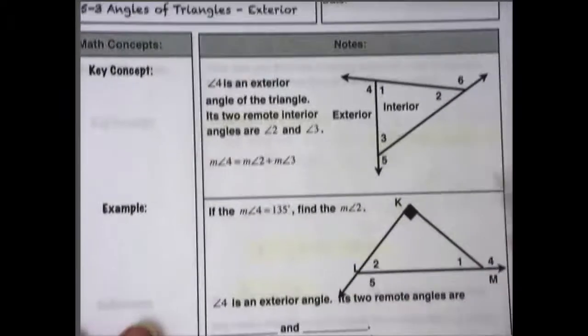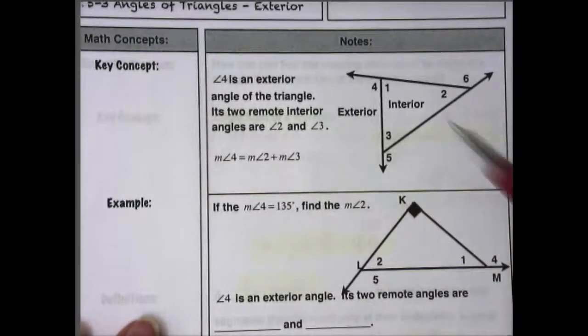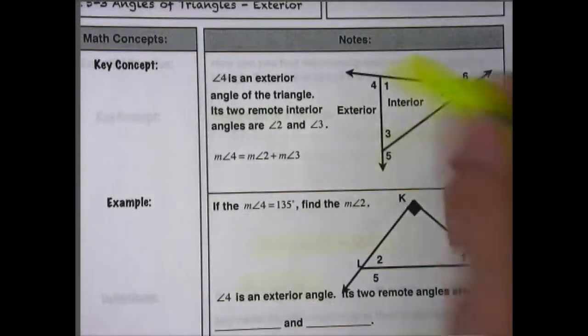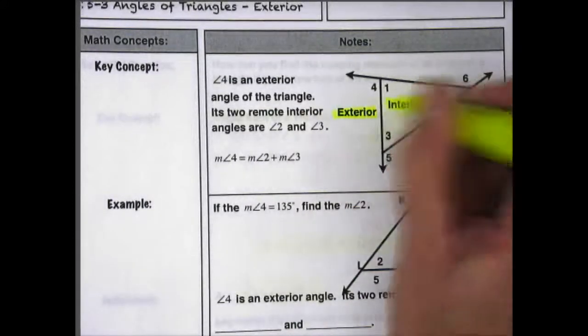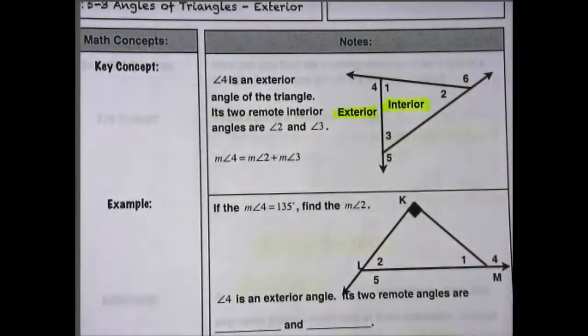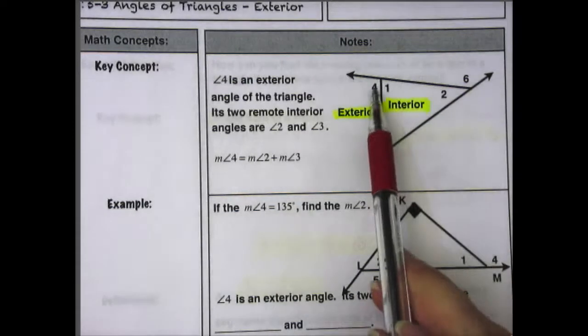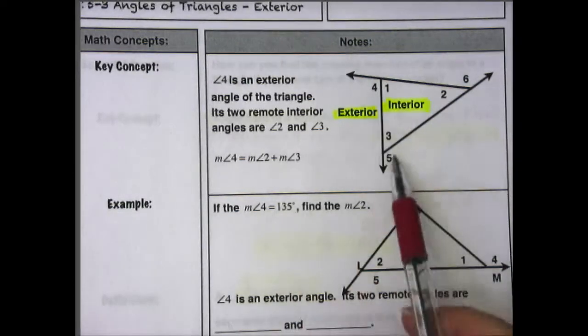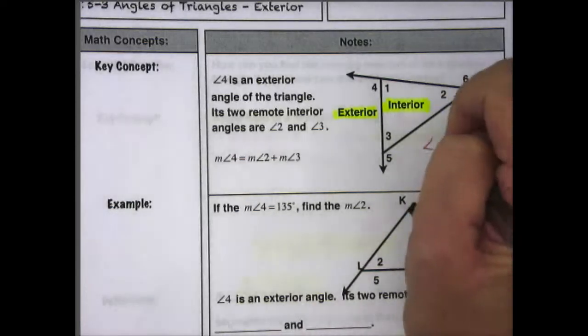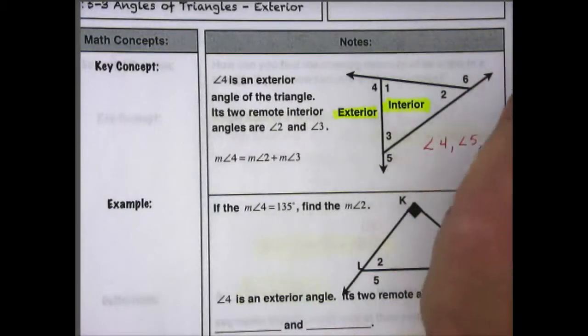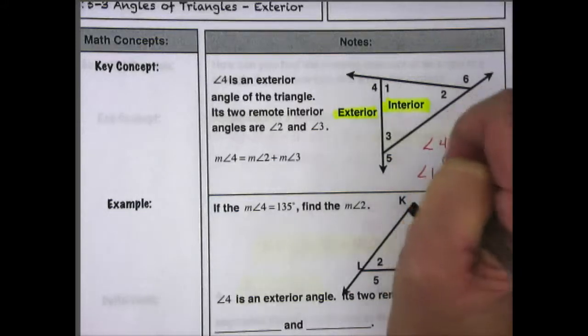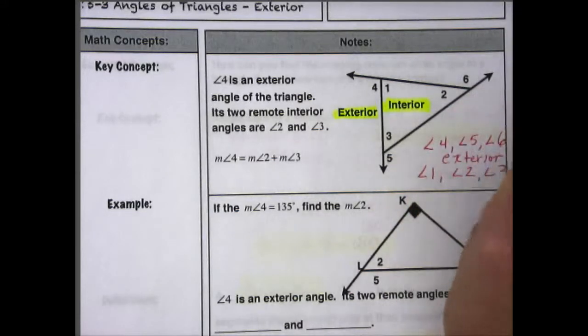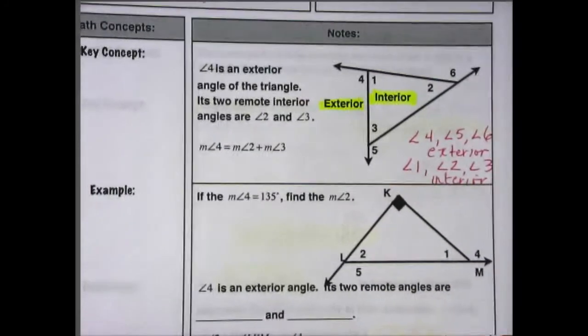Here's a picture. Again, this one looks a little bit more complicated, but remember that exterior means outside of the triangle or figure, and interior means inside. So we have 1, 2, 3 exterior angles. We have angle 4, angle 5, and angle 6. Angle 4, angle 5, angle 6 are exterior. And we have angle 1, angle 2, and angle 3 are interior, or inside the triangle.